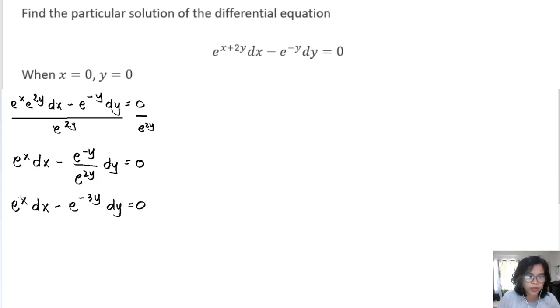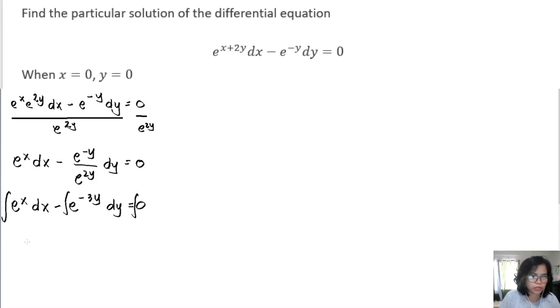So now we have a variable separable type of differential equation, and to solve for the general solution first, just do a direct integration on all parts.